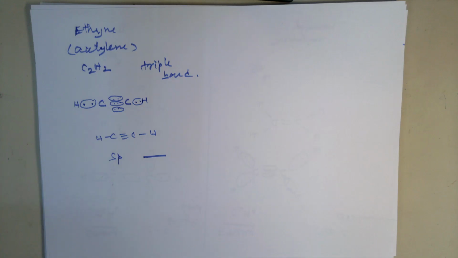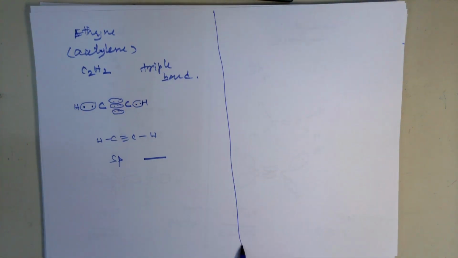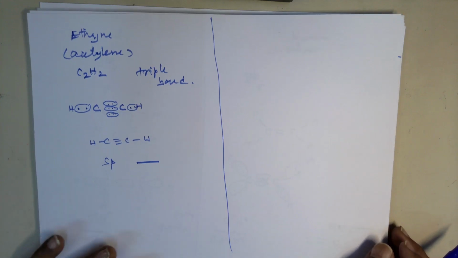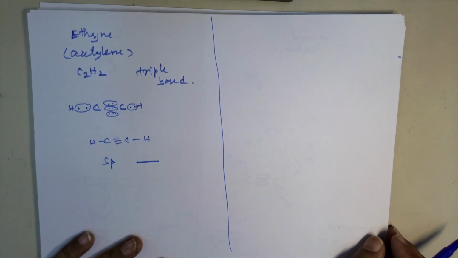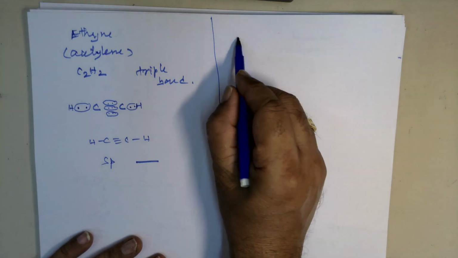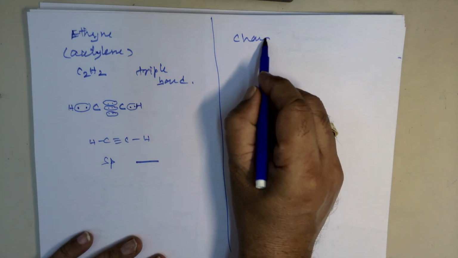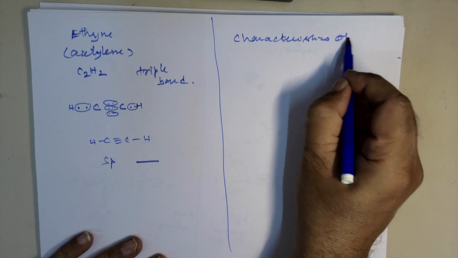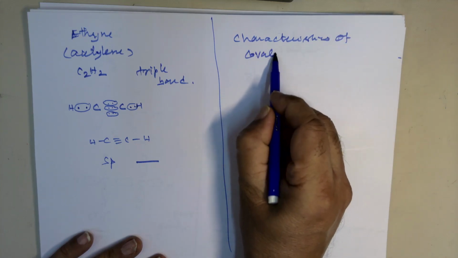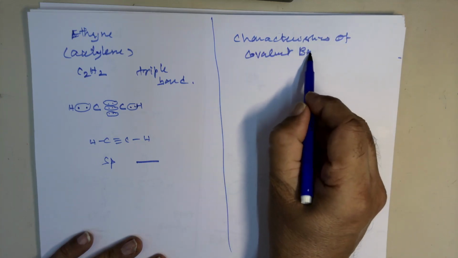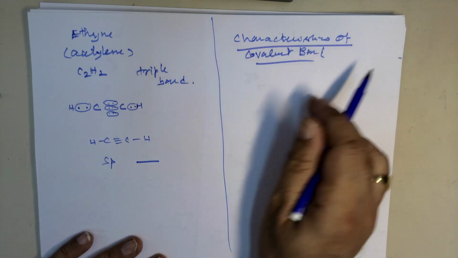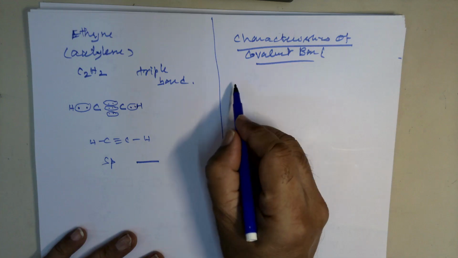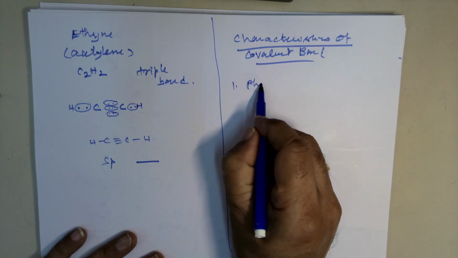Now let us discuss the characteristics of covalent compounds, that is, compounds based on covalent bonds. When we say characteristics, you should note the physical state first of all.